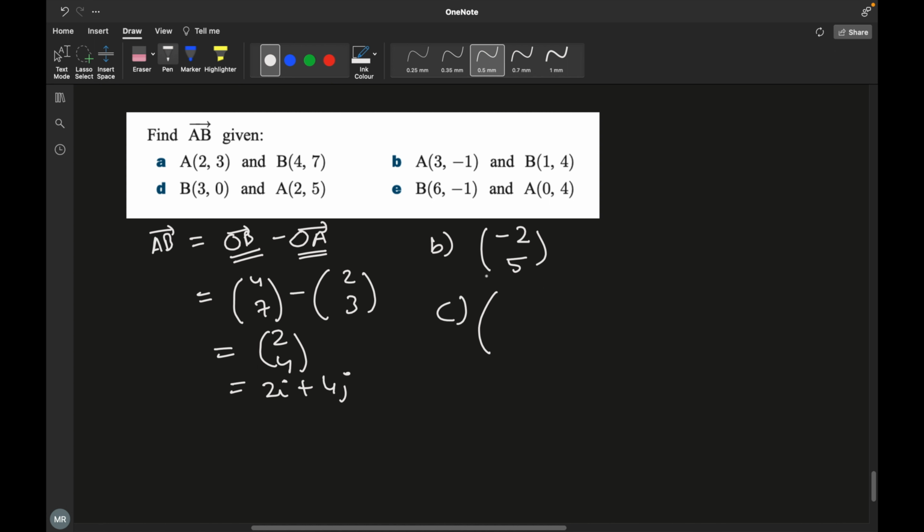C will be, now they have switched the B and A. So this is going to be 3 minus 2, so it's going to be +1. And then 0 minus 5, which is -5. D. This was D and this was E. So we have B, A. We have to do OB minus OA. So 6 minus 0 is 6, -1 minus 4 is -5. And it's that simple.